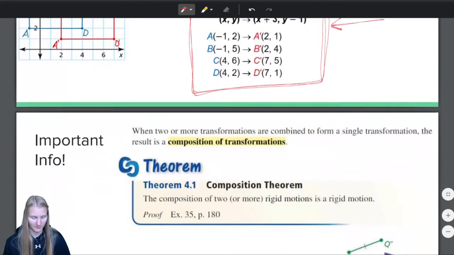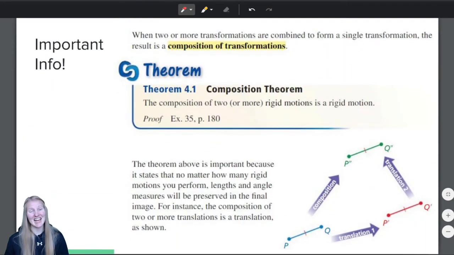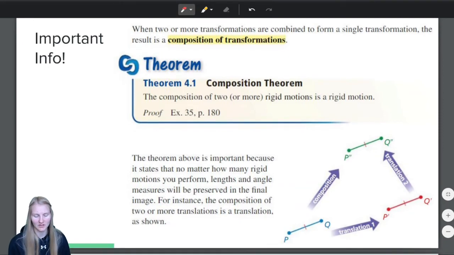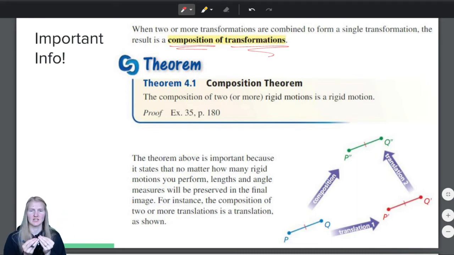Okay, awesome. Now, the last thing we're going to do today is a composition of transformations. Now, a composition means multiple things together, right? Putting things together. So when we have a composition of transformations, we're going to be doing multiple transformations together. Now, a very interesting thing about compositions of transformations is that they are also rigid motions.